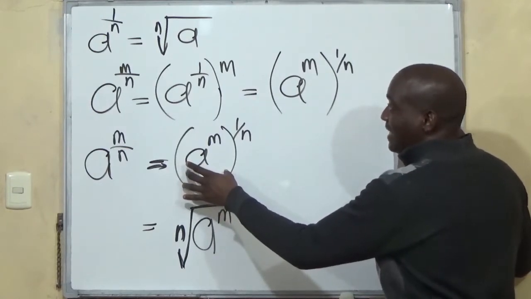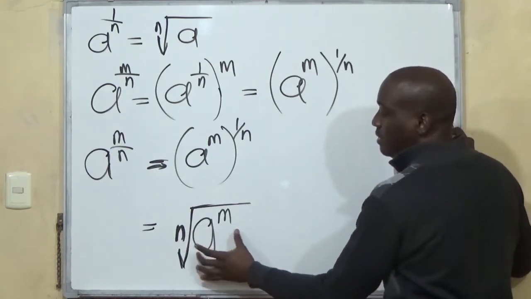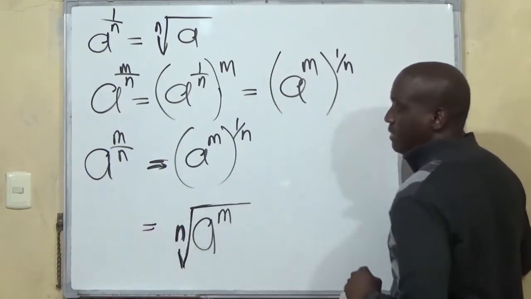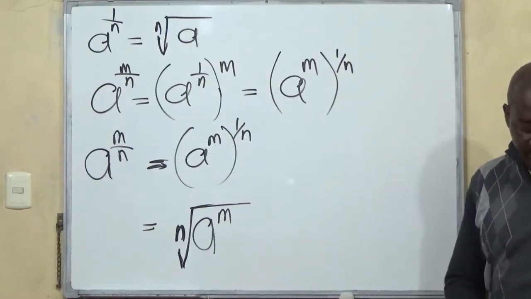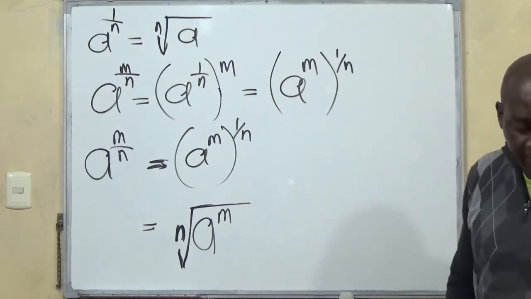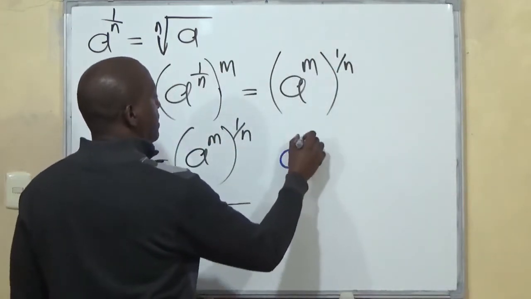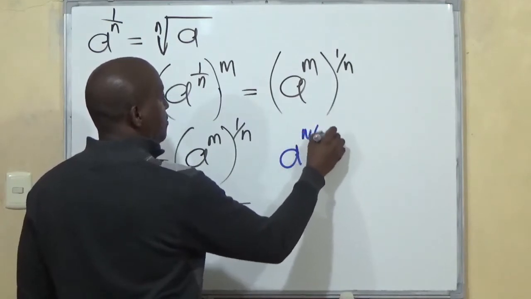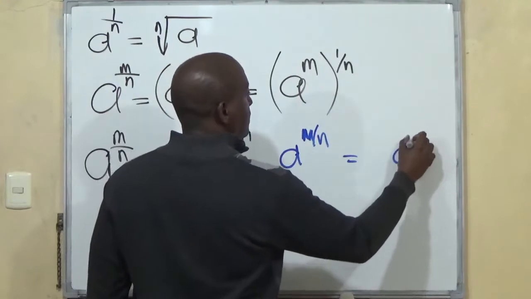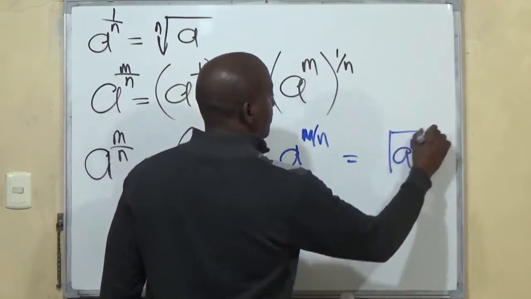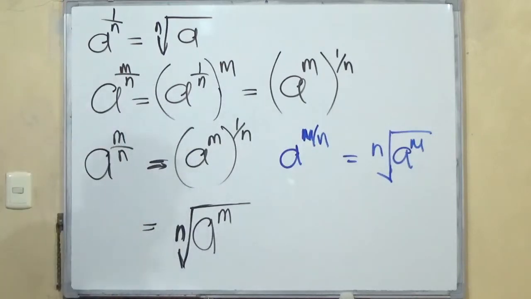It means that you can then take a to the power of m under the root sign and put the n inside it. So in other words, we can say, and this is another form, that a to the power of m over n is equal to the nth root of a to the power of m.